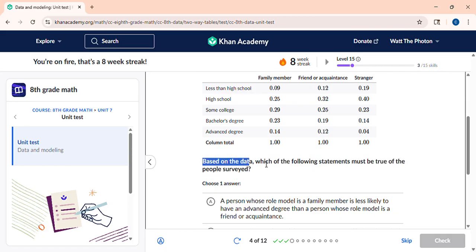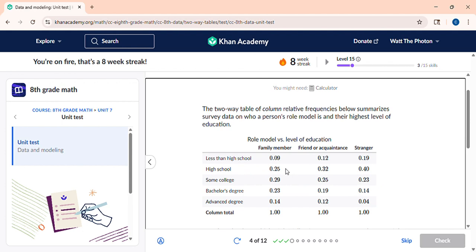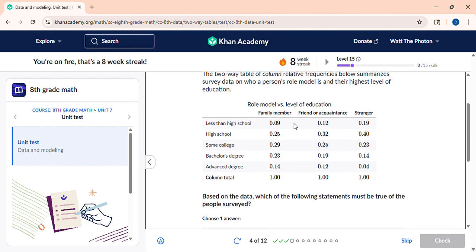Based on the data, which of the following statements must be true about the people surveyed? Okay. The person's role model and their highest level of education.